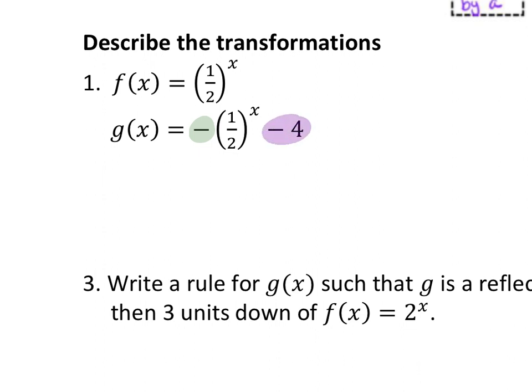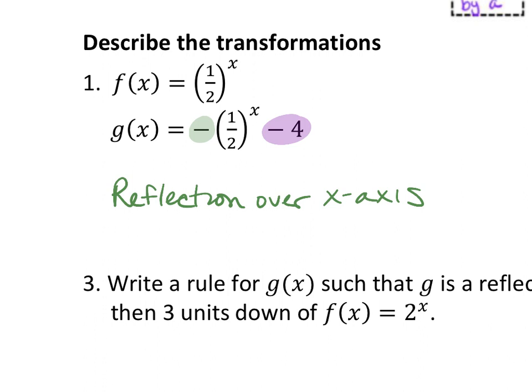Those two things are transformations that are out of our table. What is it called when you put a negative sign in front of the function? Reflection over which axis? Over the x-axis. Very good. That's my first transformation, is that it is a reflection over the x-axis.